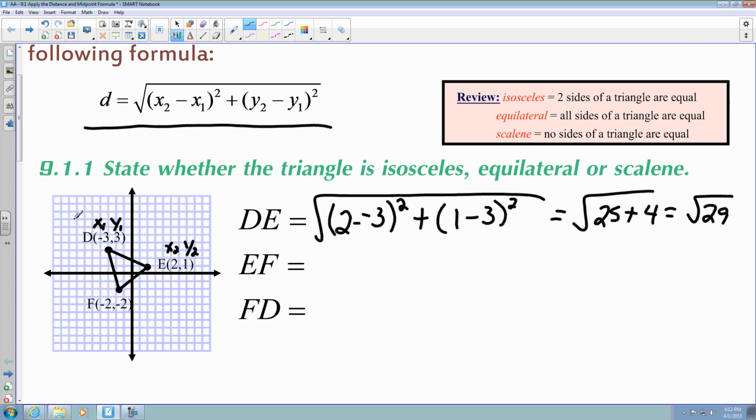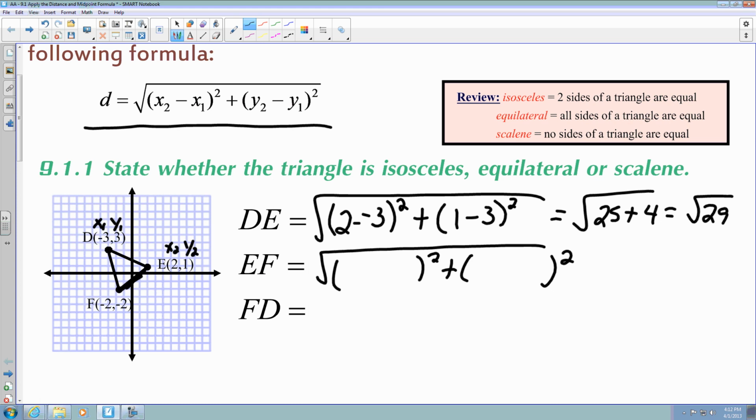Now if I go to EF, it doesn't matter which one you call x1 and y1 or x2 and y2, as long as you're consistent throughout the entire problem using the distance formula.